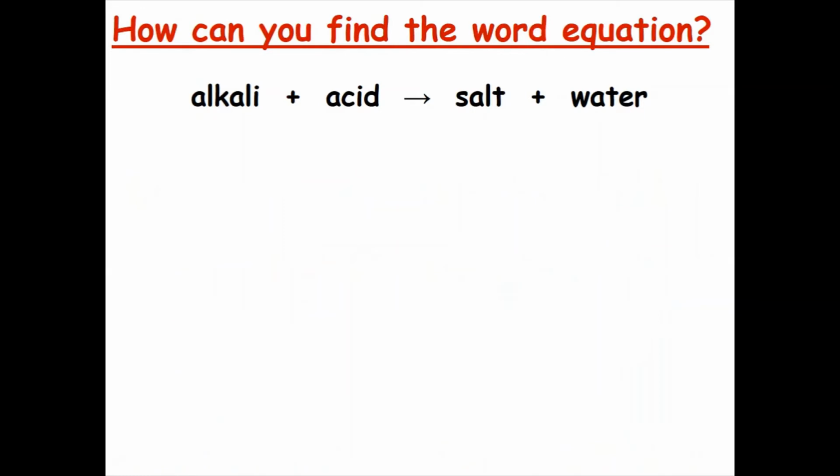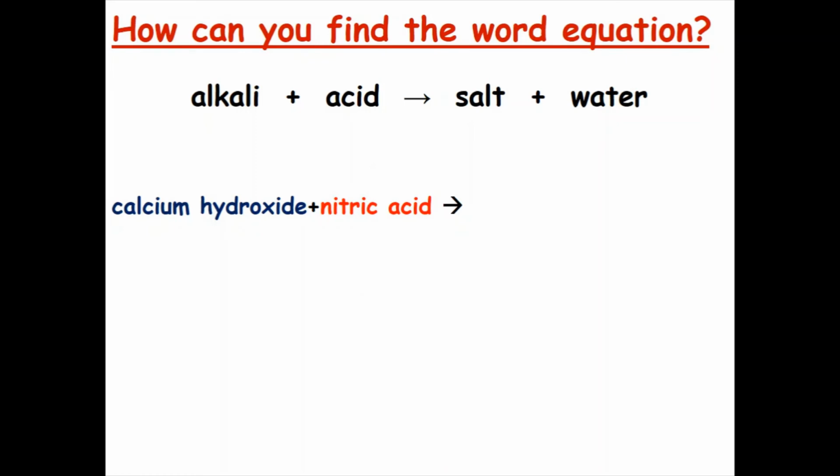The word equations are very similar to the way we did them before with the bases and the metal oxides. So we have alkali plus acid reacts to salt plus water. So in the first example we have calcium hydroxide plus nitric acid reacting in a neutralization. First of all, again we have to find the name of the salt.